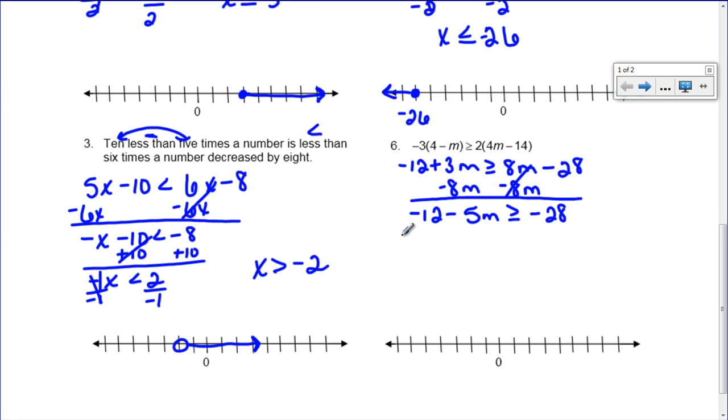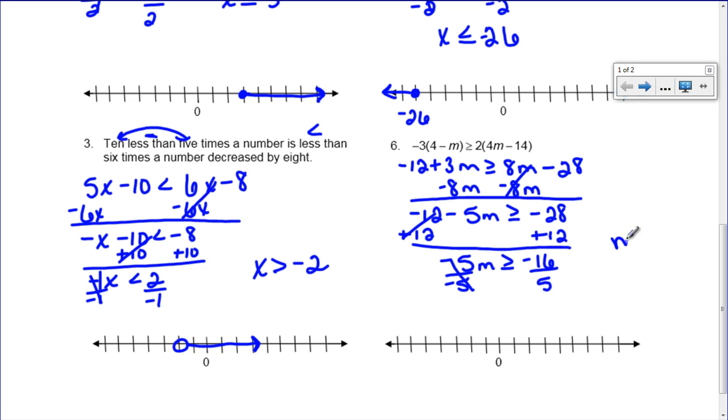So now I want to get m alone, so I'm going to add 12. So I have negative 5m is greater than or equal to negative 16. And then I'm going to divide by negative 5.